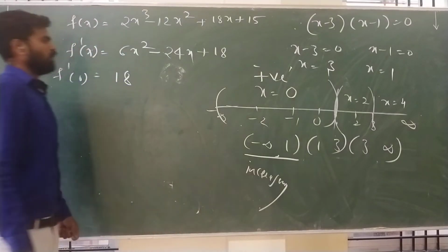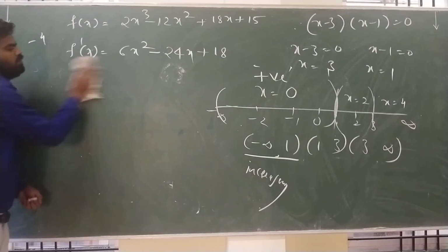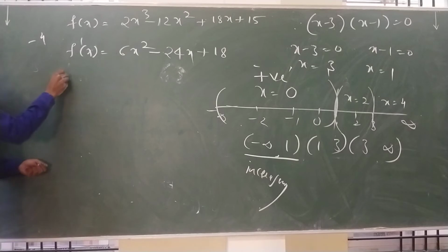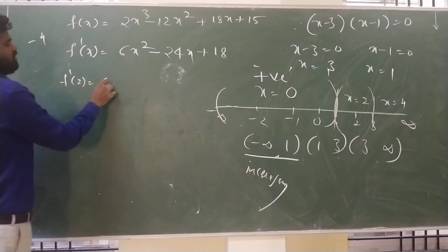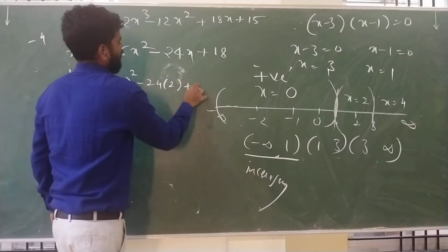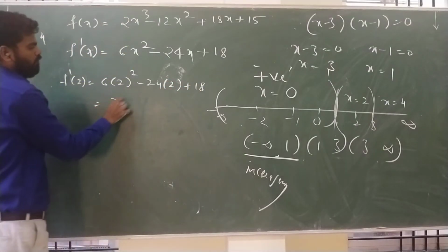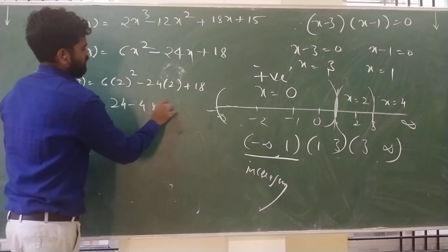Next, so if x equal to 2 ಹಾಕಿದಾಗ ಏನು ಬರುತ್ತೆ ಸೆಕೆಂಡ್ ಇಂಟರ್ವಲ್. So f dash of 2, so 6 into 2 square minus 24 into 2 plus 18. So 6 into 2 square, 6 into 4 is 24, minus 48 plus 18.